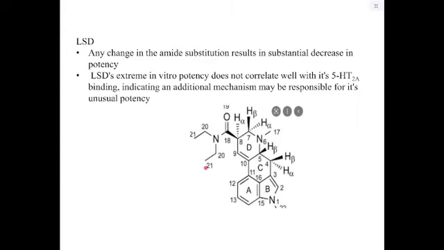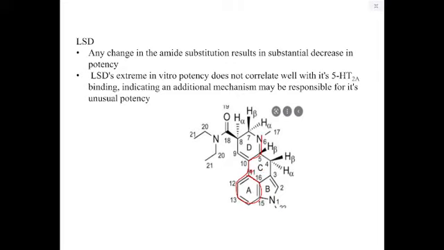Then we have another drug, LSD, lysergic acid diethylamide. If you look at the structure, you come from here, you come round that way, and you can still see the phenyl ethyl amine structure within this bulky structure.